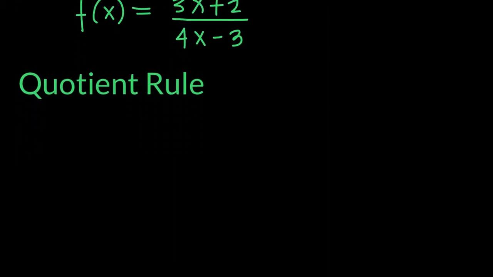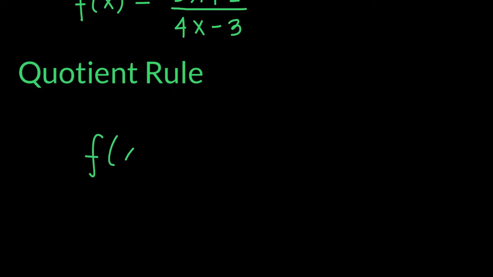Now, if the function is written as f of x is equal to u over v, meaning there is an expression u as a numerator and an expression v as the denominator, just like 3x plus 2 and 4x minus 3 respectively.